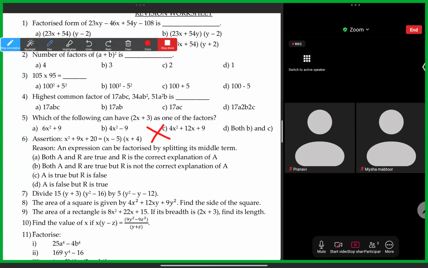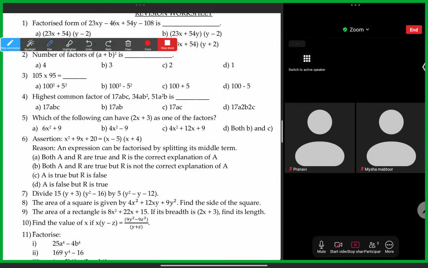Most of the time, if a positive sign is everywhere in the expression, its factors cannot have a minus sign. Okay. So before factorizing itself, this one you can tell as false. Suppose somewhere minus 9 or minus 20 is there, then because of this minus, while multiplying or adding, we will get minus. But this entire expression has plus sign only, so no need of multiplying this and checking.